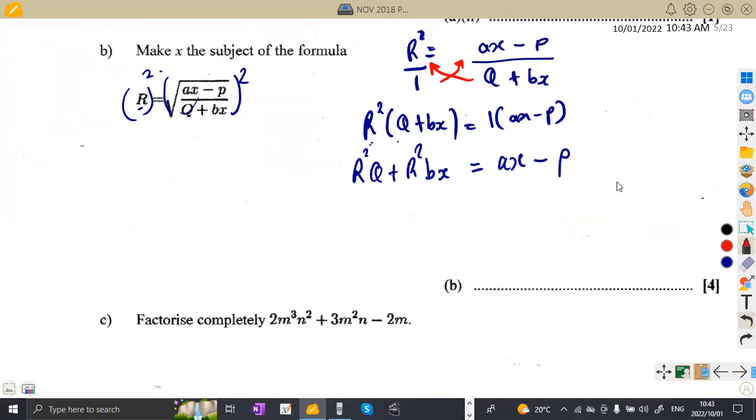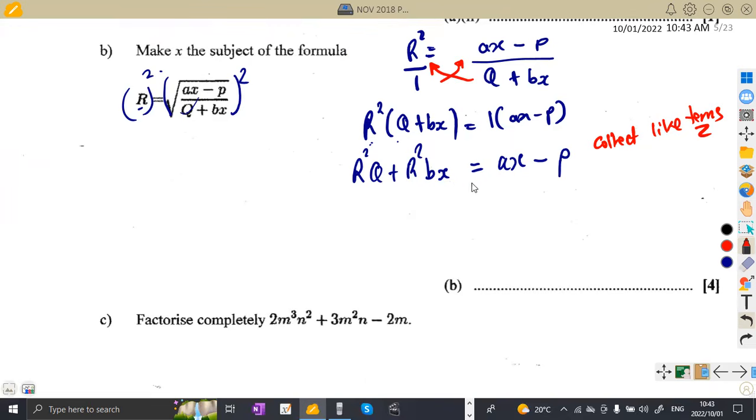Okay, at this stage, what are you going to do? We have got x here, we've got x here, so collect like terms by transposing, definitely. So you have to transpose the x terms to one side, then the other part to the other side. It depends on how you are going to collect your terms, on the left side or on the right side. But just avoid working with negative situations, guys.